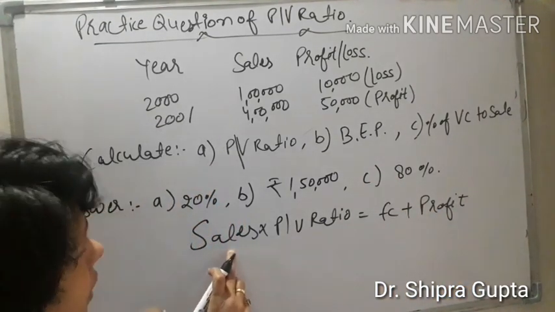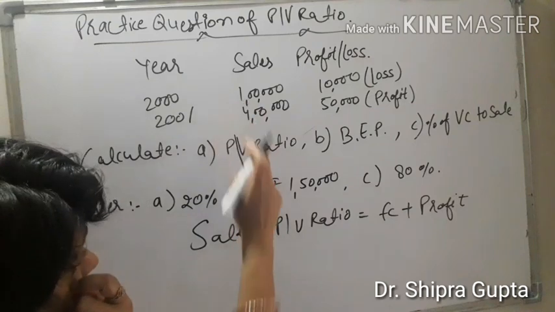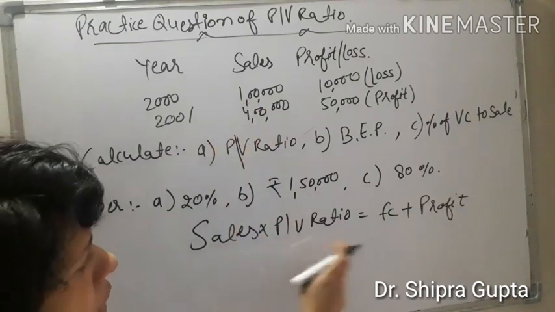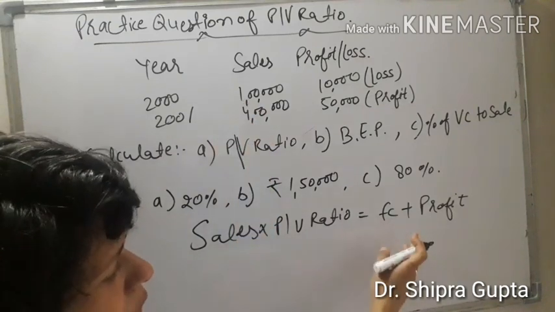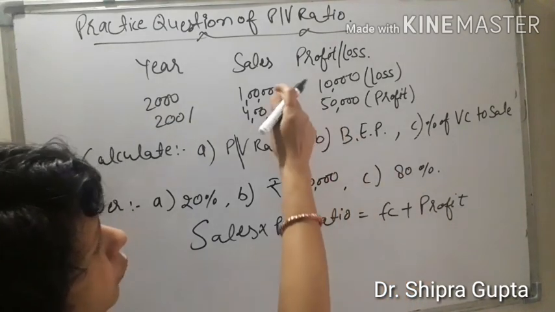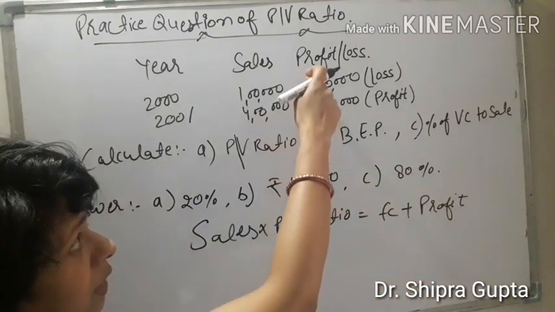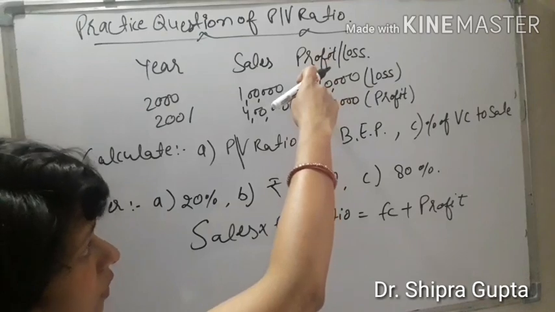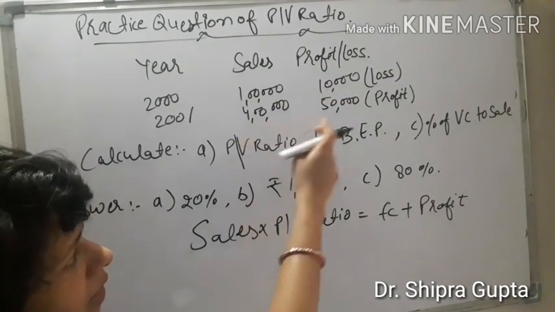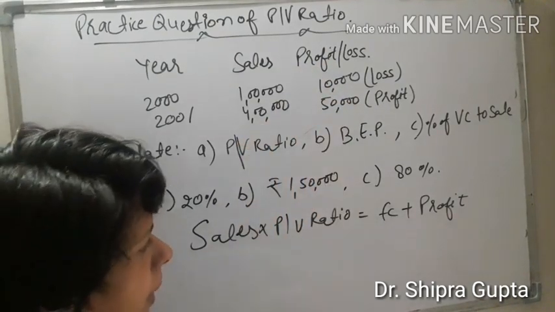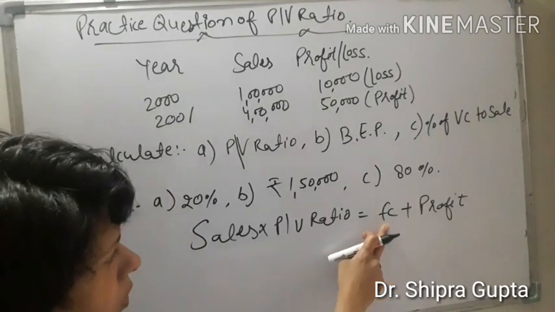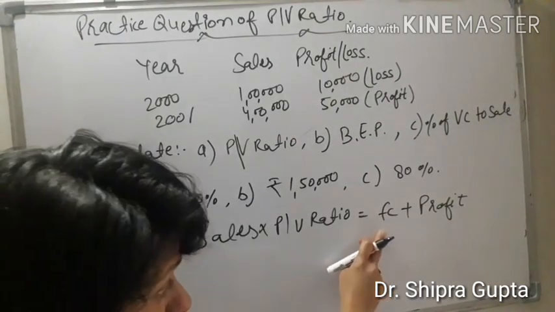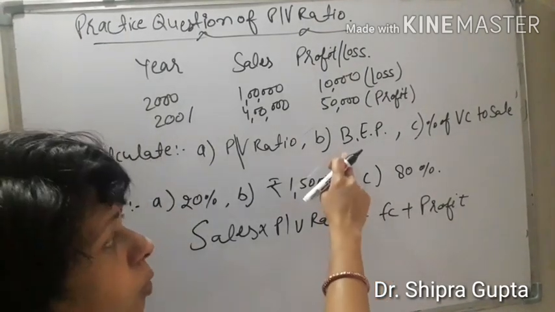Sales is given, any sales you can take, multiply PV ratio equal to fixed cost, which we don't know, plus profit. If you take sales of 1 lakh rupees, then profit means minus 10,000. If you take 4 lakh rupees, then you will take plus 50,000 rupees, and you will find out fixed cost.